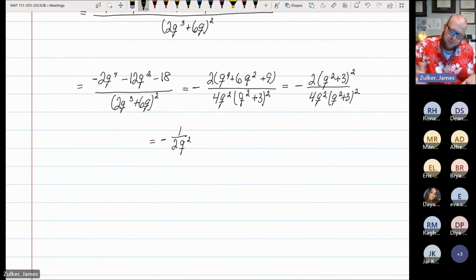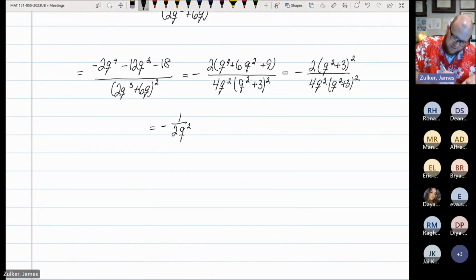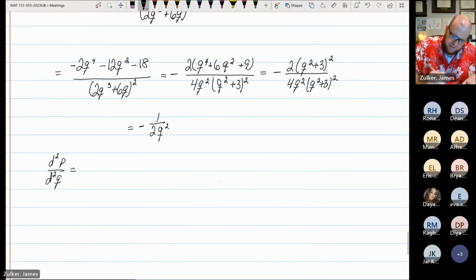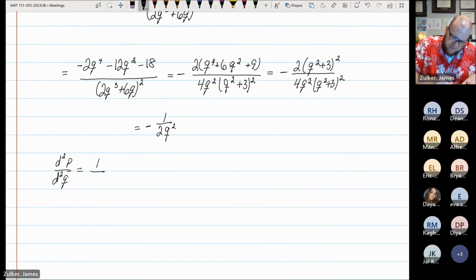Right, because the problem also wanted us to find the second derivative, which now is easy. Would just be 1 over q cubed.